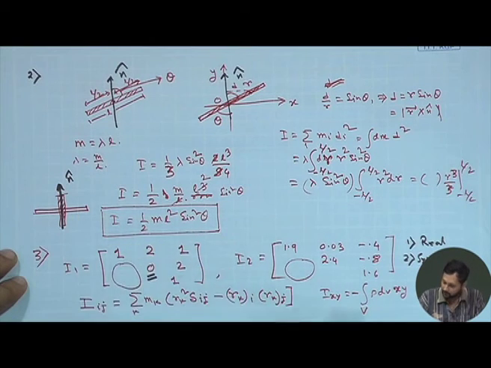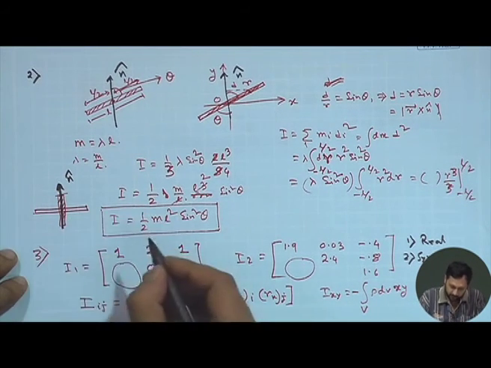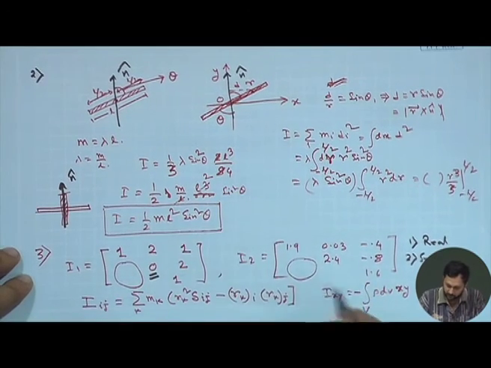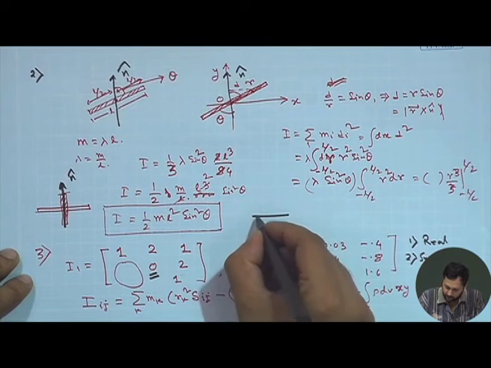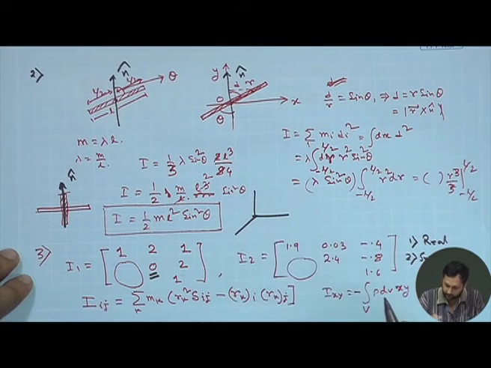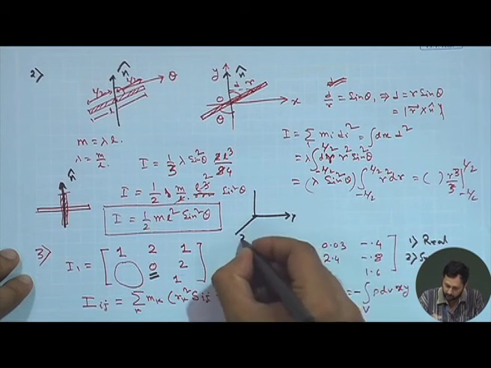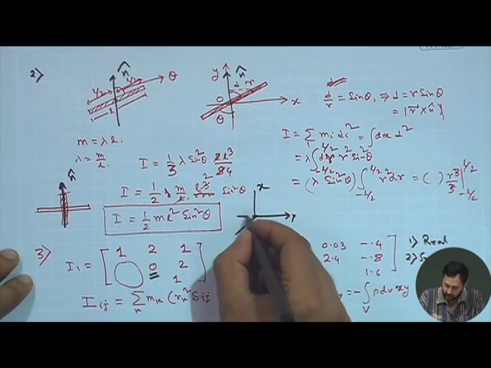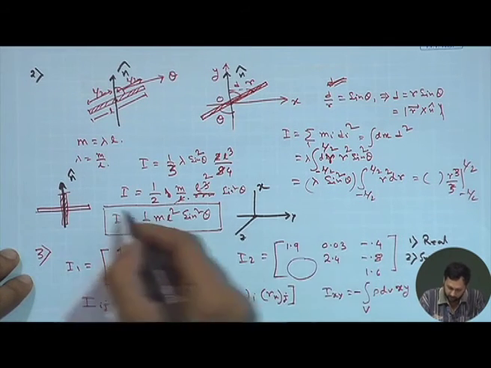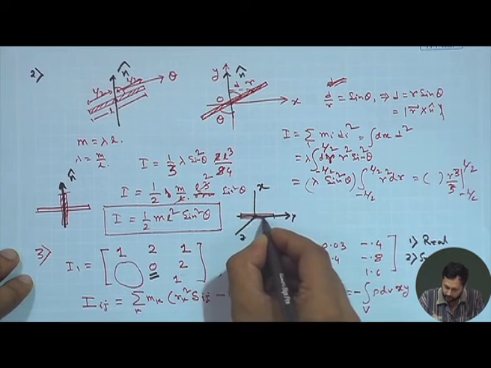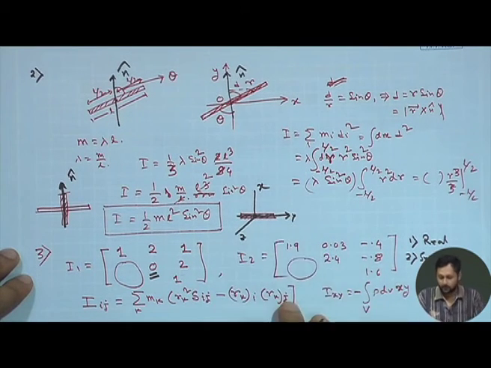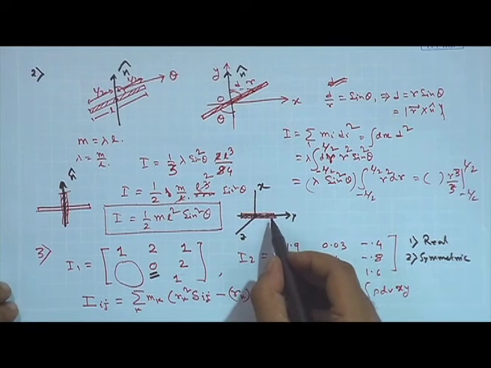So, if I slightly modify this picture, let us say I have my y axis, x axis and z axis. This is my y, this is my z, this is my x, and the one dimensional rod in question is lying along the y axis. Then what will happen?